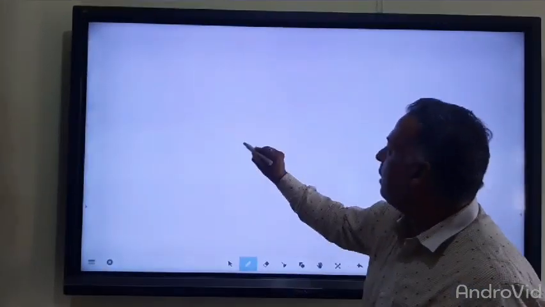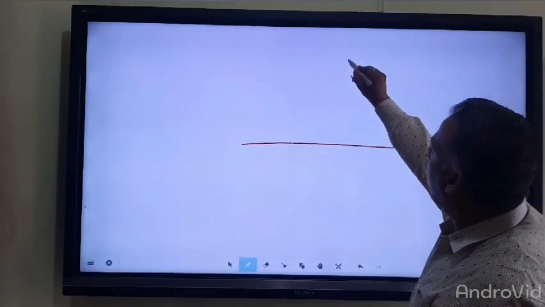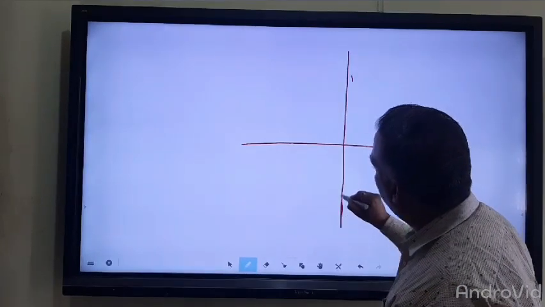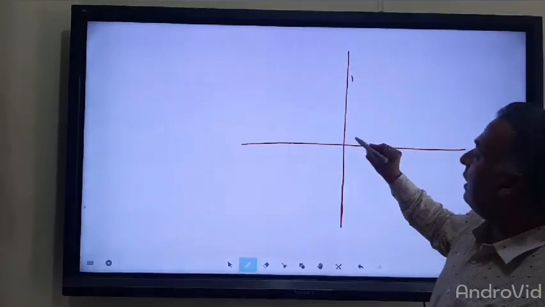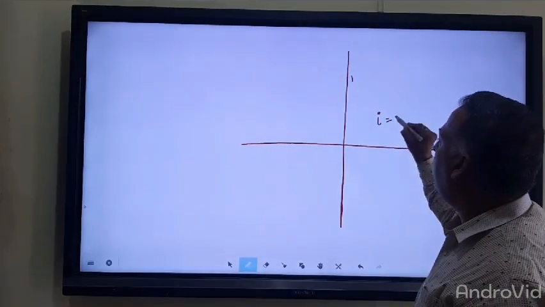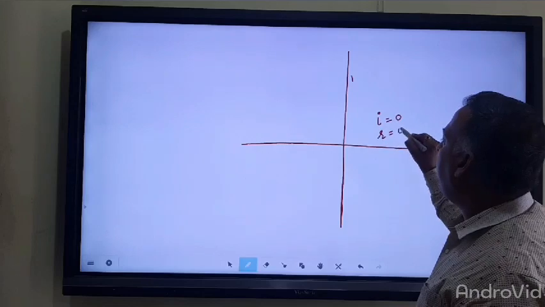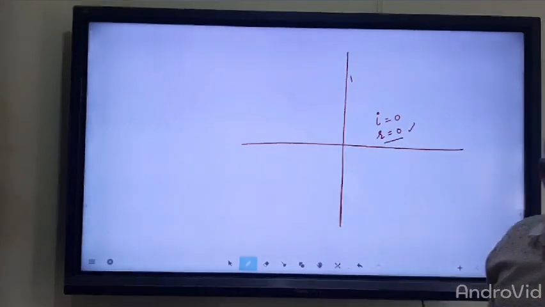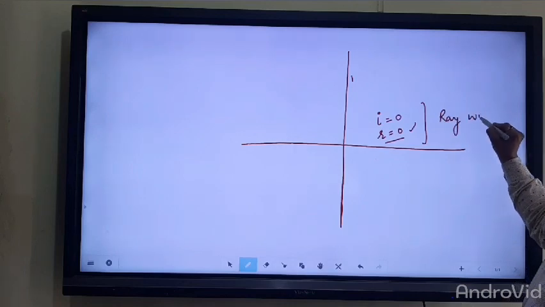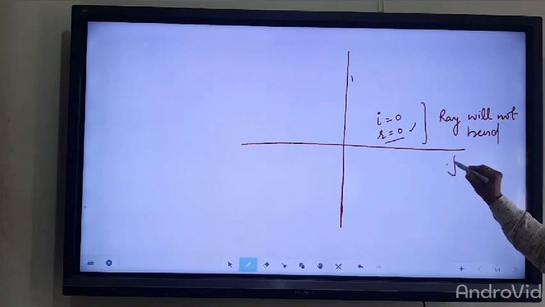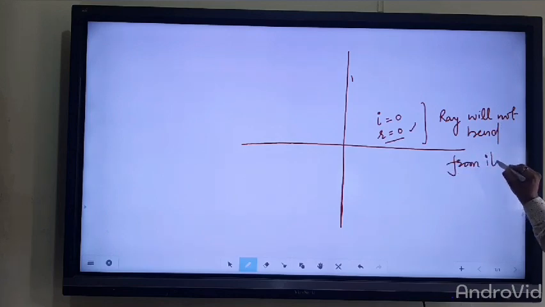Third point to consider: if the ray goes straight, perpendicular to the interface, then the angle of incidence is 0 and the angle of refraction is also 0. So in that case, the ray will not bend from its path.